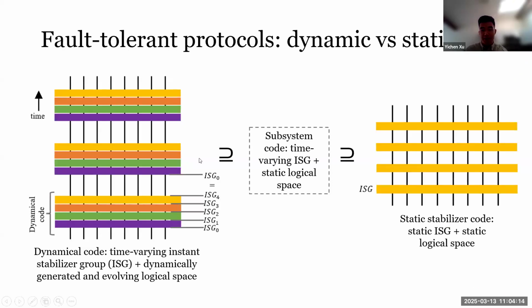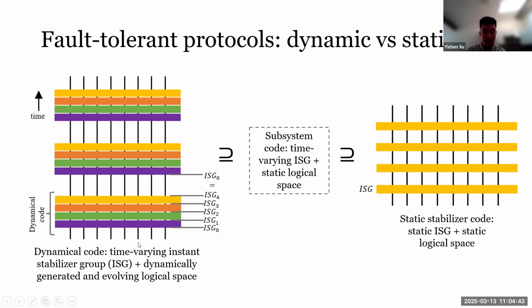I guess everybody here knows a little bit about some ways that people achieve fault tolerance. Conventionally people have been talking about static stabilizer codes, and nowadays with the development of novel protocols of quantum error correction, people understand that there exists a novel type of fault-tolerant protocols, which is usually referred to as dynamical codes.